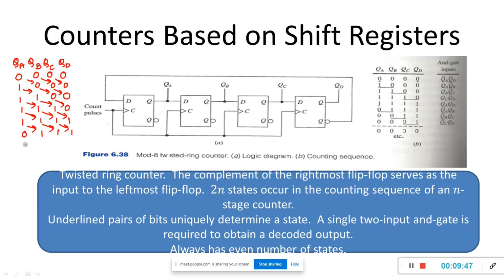QD is 1, QD bar will be 0. QA will be shifted to QB, QB will be shifted to QC, QC will be shifted to QD. Next, here again QD is 1, QD bar will be 0. So this 0 will come here, this 0 will come here, this 1 will come here. Next, this 1, QD is 1, QD bar will be 0.